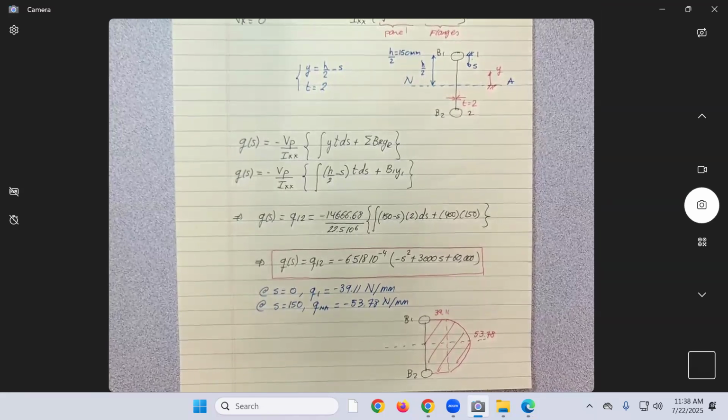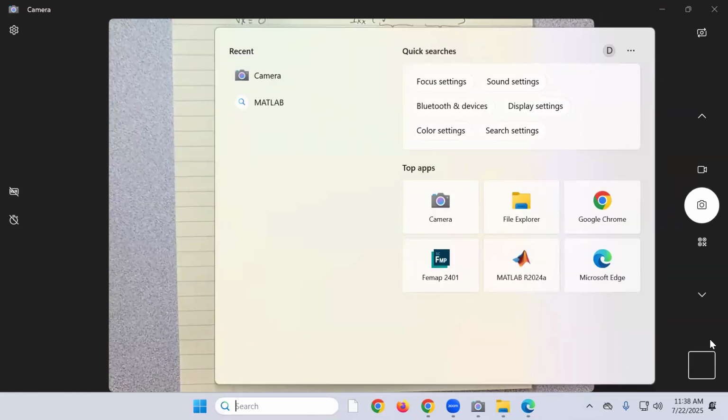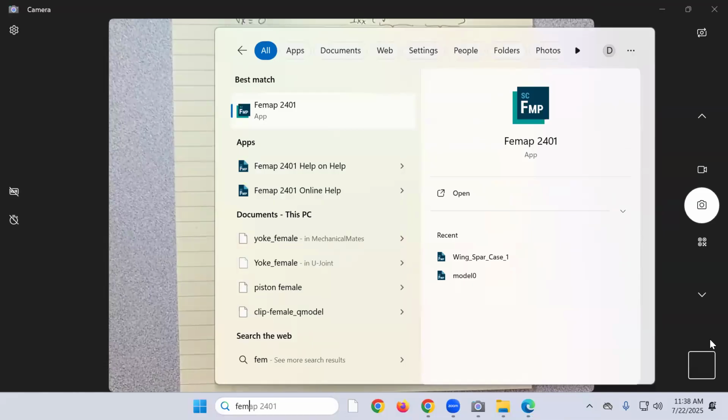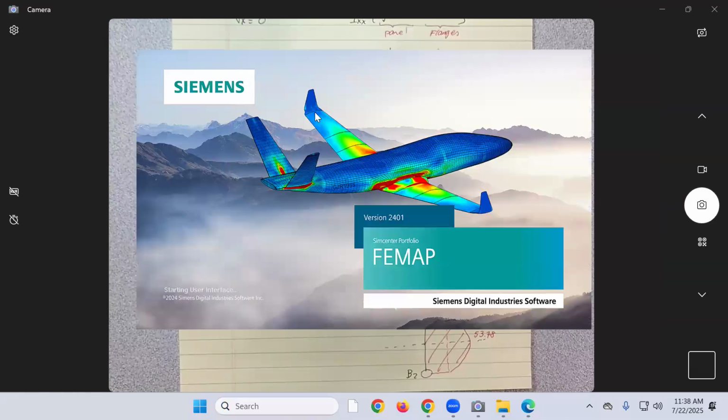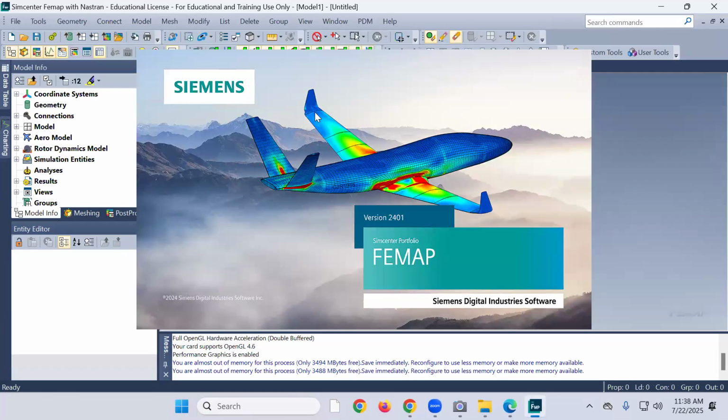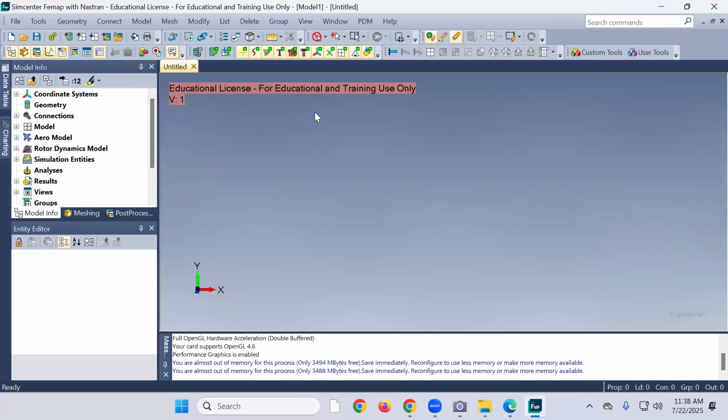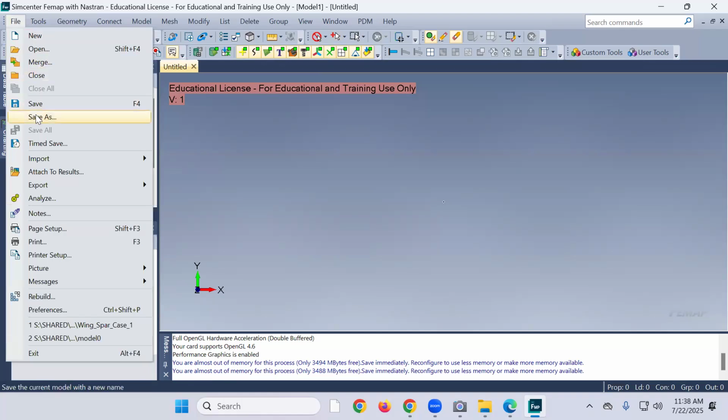All right, so open FEMAP. And when you're ready, just open the model from yesterday.